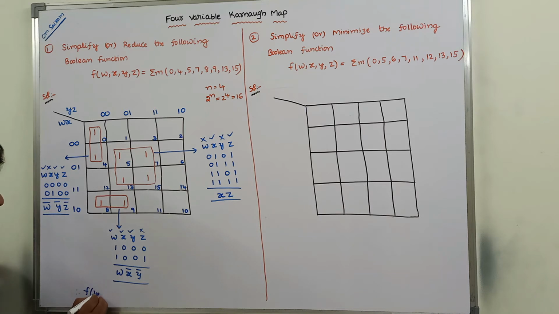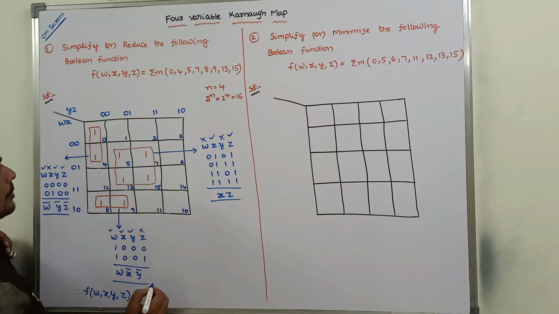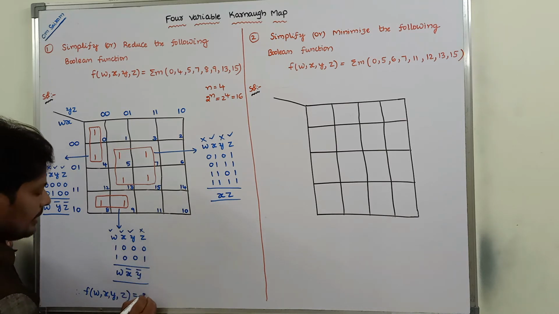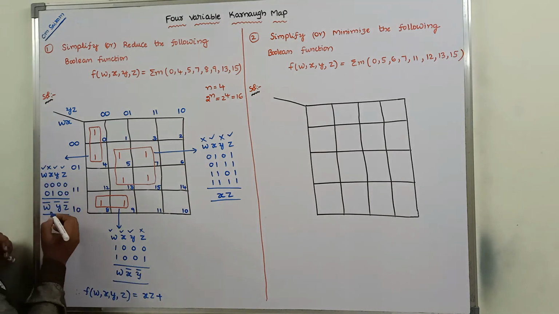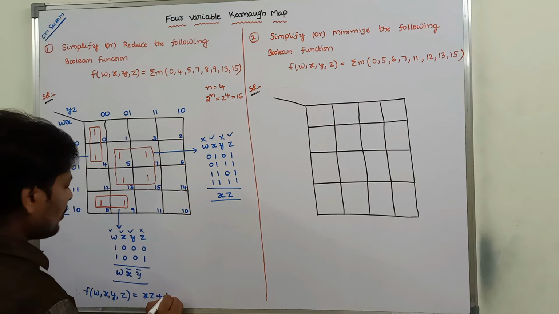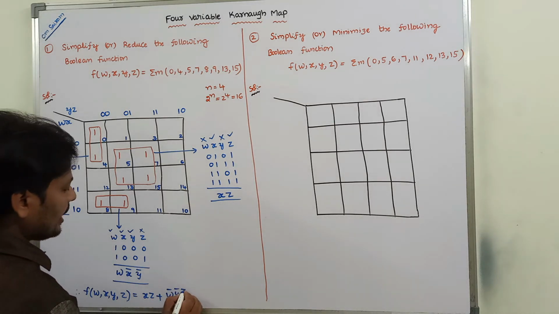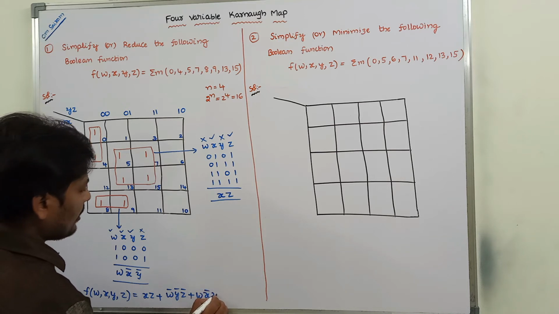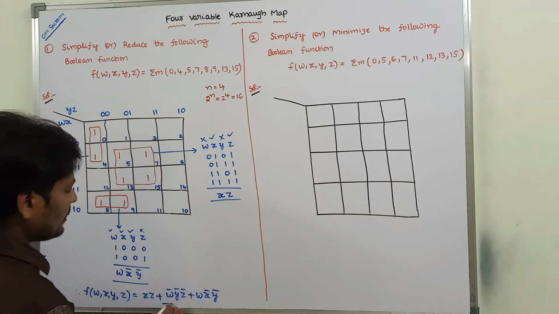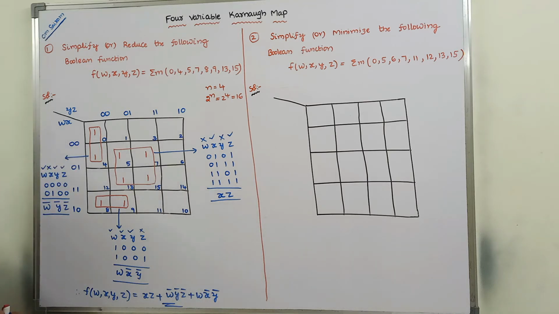F of W, X, Y, Z is equal to, first one XZ, second one W bar Y bar Z bar, third one W X bar Y bar. So this is the expression we are getting.